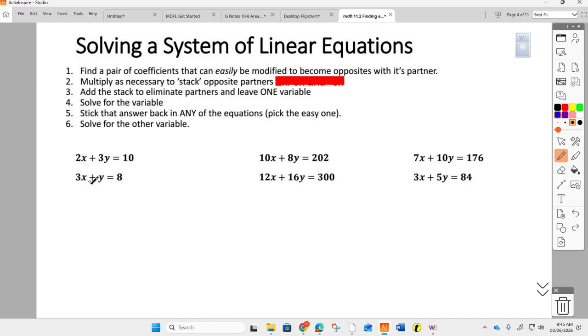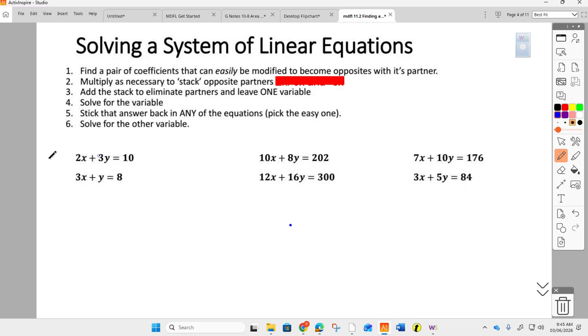So we're going to look at these two equations and see, can we eliminate an x or a y term in both the equations, right? How are we going to do that? We're just going to add them together. We're going to line them up and add them together. If we could just add them together and get rid of the x's or get rid of the y's, then we would do that. We can't do that, so now we're going to look at what we need to multiply so that we have opposites stacked together.